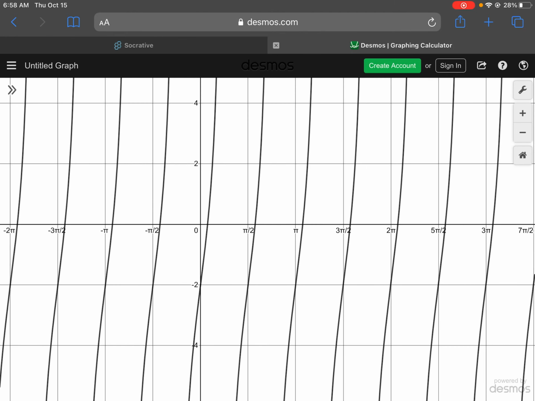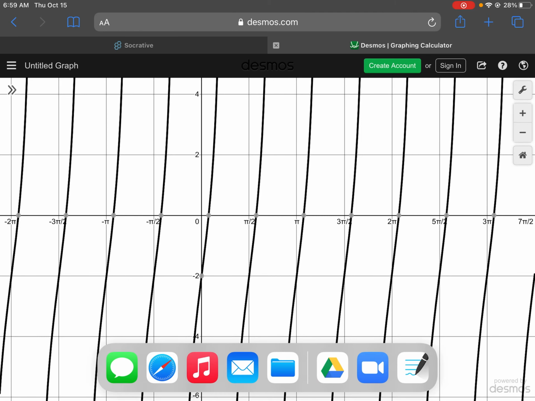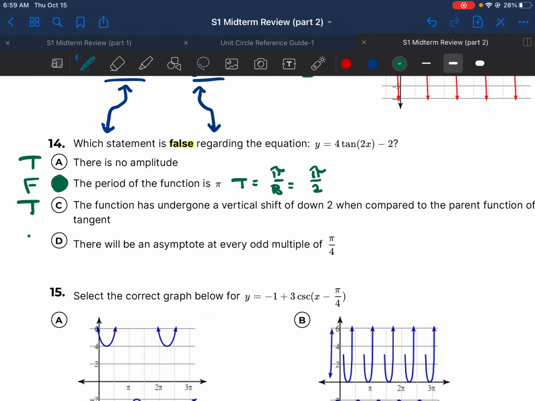We can see that one asymptote would be between 0 and pi over 2, which is at pi over 4. Then we would have another between pi over 2 and pi, that'd be 3 pi over 4. We'd have another between pi and 3 pi over 2, that would be 5 pi over 4. And all these asymptotes are indeed happening at every odd multiple of pi over 4. So that would also be true.